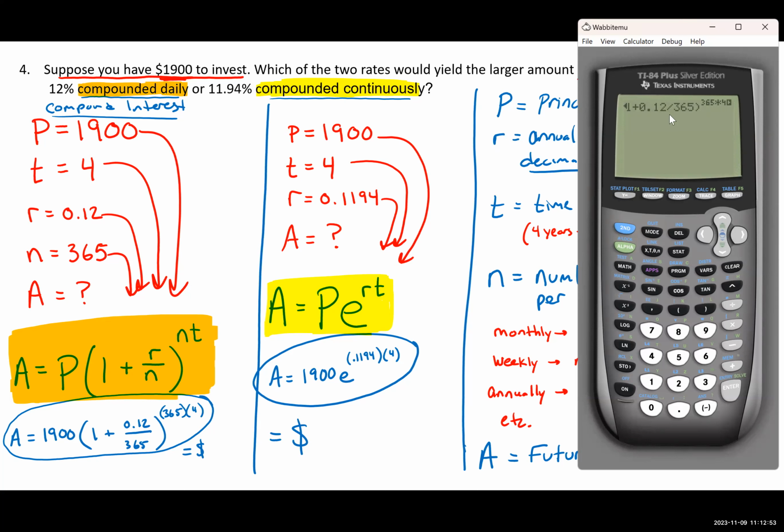I literally just typed in exactly what I have written in blue. We get $3,070, and if we round to the nearest penny, it looks like $3,070.30.